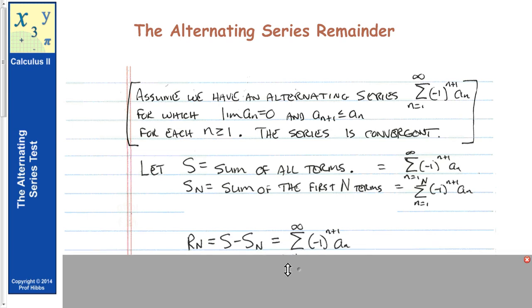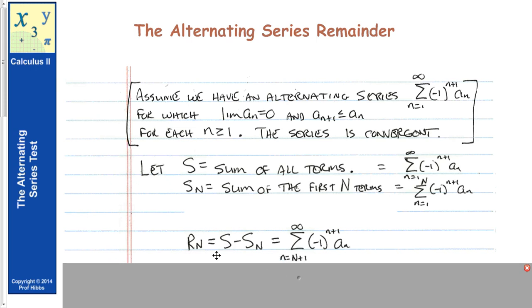Now we're going to define R subscript n, which is called the remainder, which is nothing more than the difference from the actual sum. S is the actual sum, and S sub n we could think of as an estimate of that actual sum, because we're only adding up some of the terms.